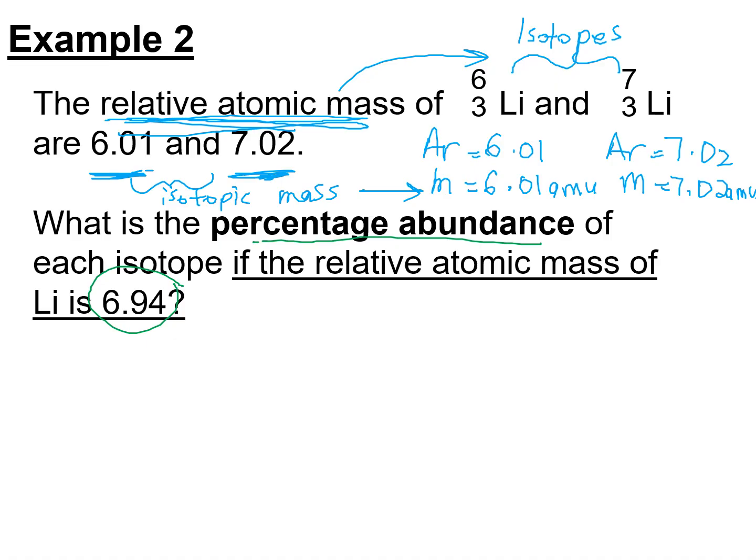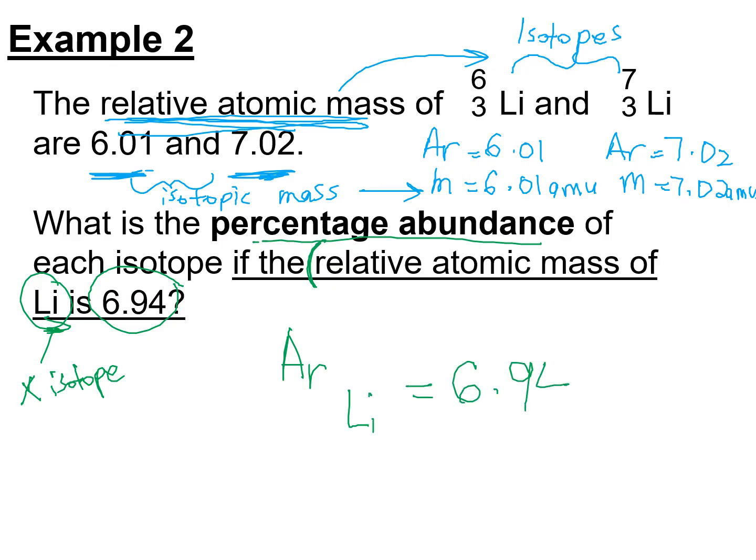Manakala kalau dia bagi ayat macam ni, relative atomic mass untuk Li saja, Li ni bukan isotope. Makanya Ar untuk Li saja adalah 6.94.